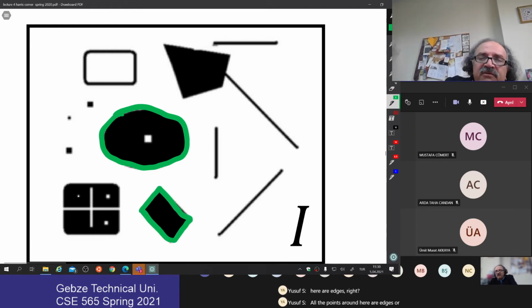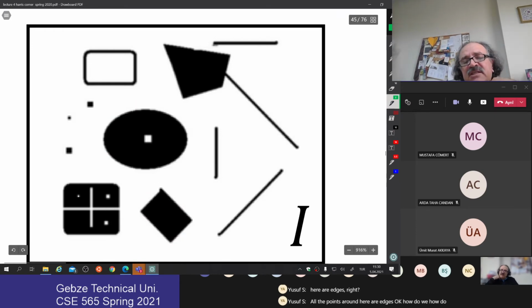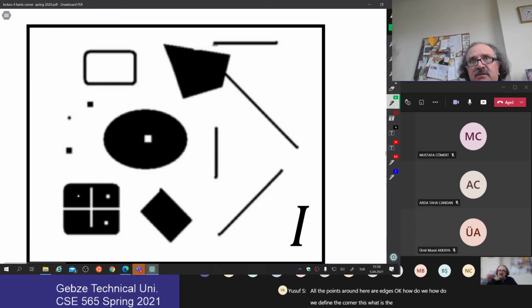How do we define the cornerness? What is a corner? Intersection of edges. No, we did not define it that way. Maybe your definition is good, but we did not define it that way.